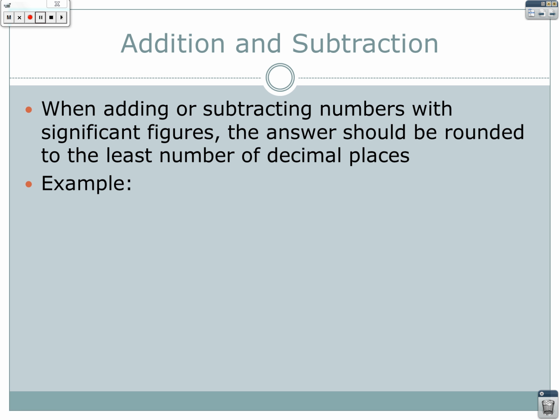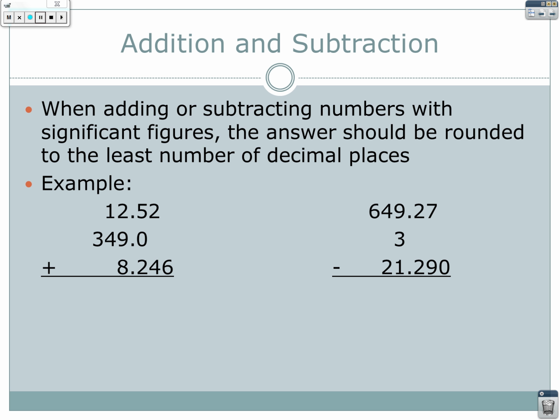So for addition and subtraction, using significant figures, the answer should be rounded to the least number of decimal places you have. So for example, and I'm going to give you an addition and subtraction example at the same time. I'd like you to add together 12.52, 349.0, 8.246, and find out what that answer is.